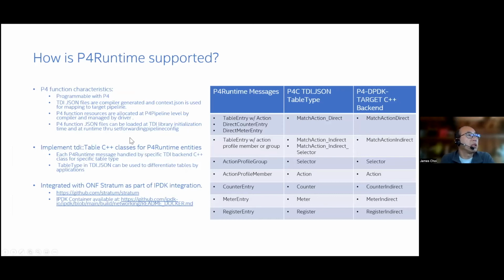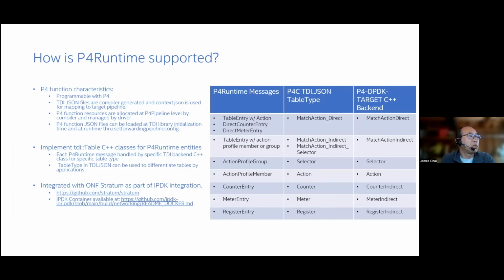Talking a little bit about how P4 and P4 Runtime are supported, I'd like to first talk about some characteristics of the P4 functions. These P4 related functions are programmable through P4, the TDI JSON files are compiler generated, and the context JSON is used for mapping to the target pipeline.